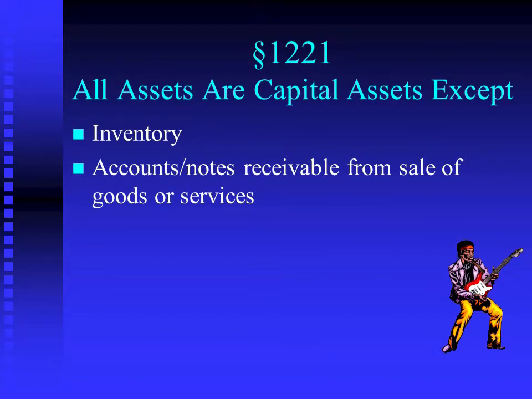Sooner or later, you're going to deal with the fact that I need some ready cash. I've got some grade A accounts. And so rather than wait for them to pay me, I'm going to go ahead and sell them to another party for 98 cents on the dollar. Since the inventory generated ordinary income to begin with, that factoring generates a loss, right?